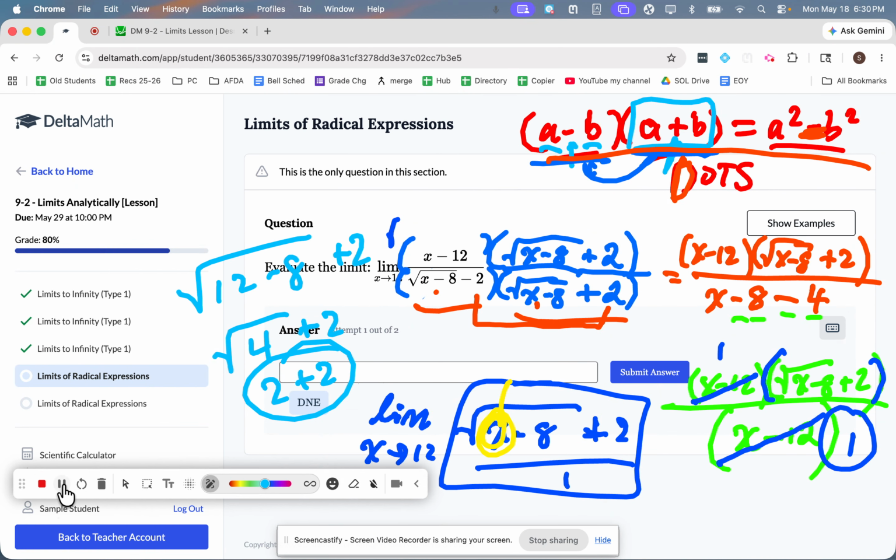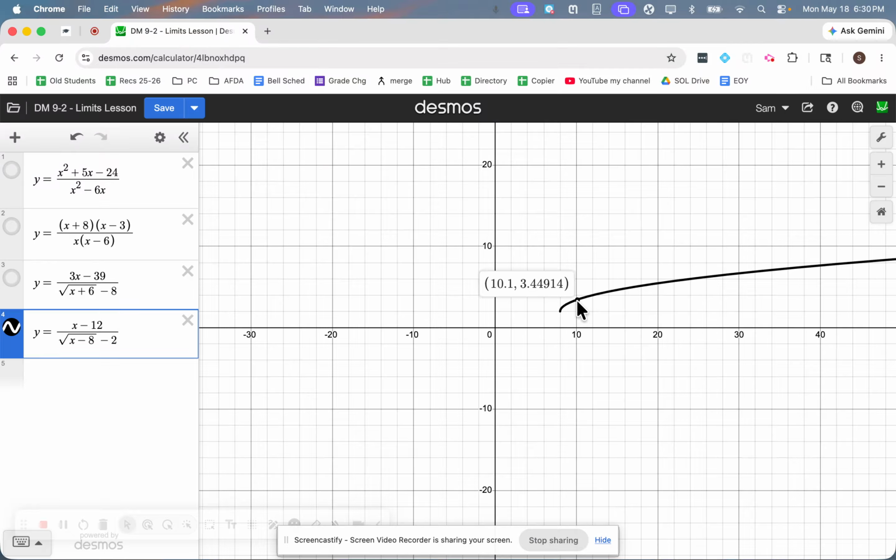Okay, let's check that out on Desmos. See if when we hit the 12 for our x, whether we get a y of 4. Let's see.